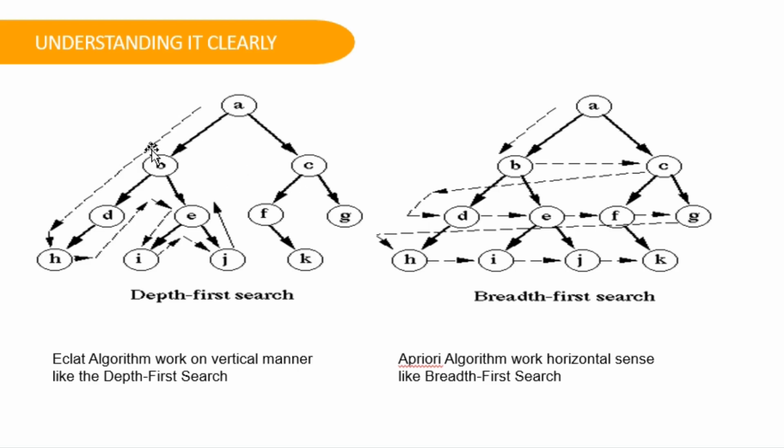From A to B, then from B to D, D to H. H was not the item, so we went back, backtracking to B. What was the other element? E. From E we have G, E, I, and we have found the element I, then we return the same thing. So this is the working behind the ECLAT algorithm.